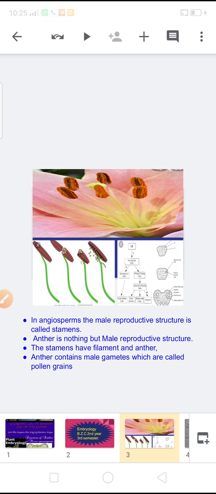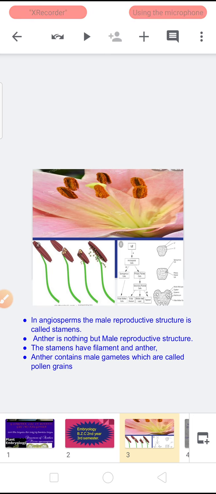The study of embryos and the development of embryos is known as embryology.